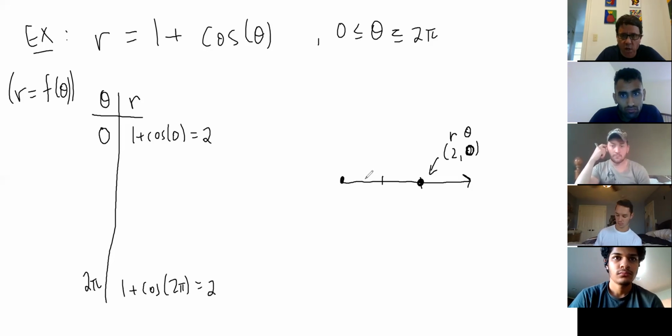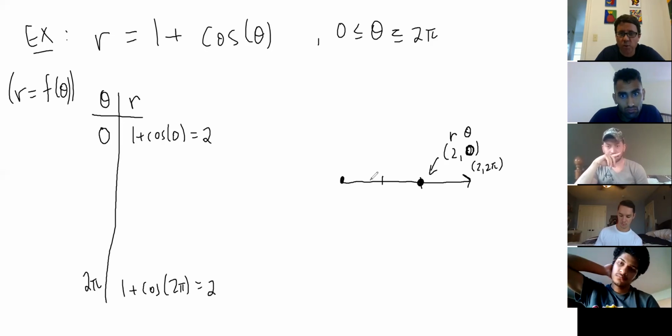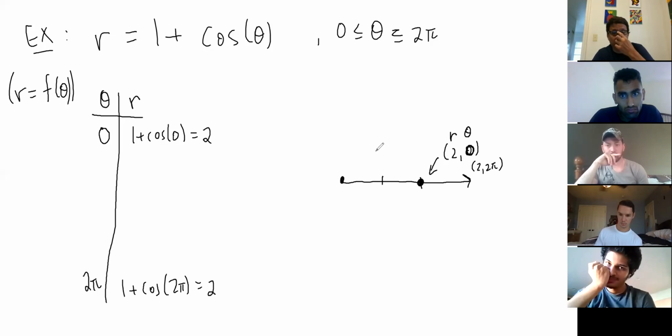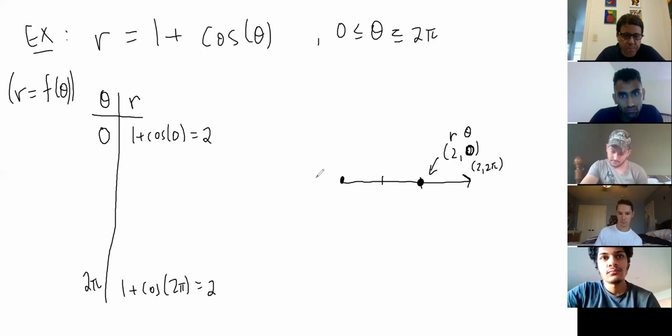Well, I start here and I rotate around. 2 pi is 360 degrees. So I go 90, 180, 270, 360, and then I go 2 units out. Well, guess what? Boom, I'm right back to where I started. So that's also the point (2, 2 pi). We shouldn't be too surprised, because every time I wrap around 360 degrees, it's the same as if I stayed at 0. So let's fill in the points in between.